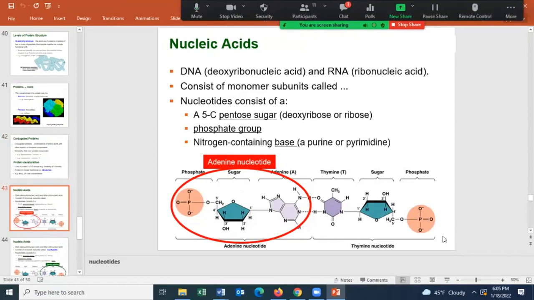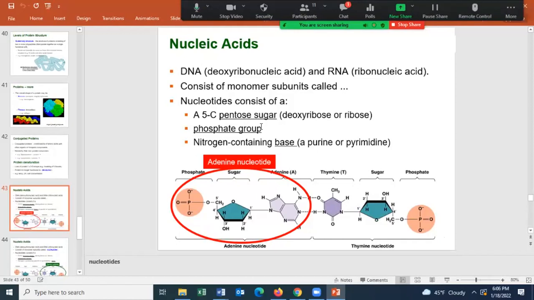Nucleic acid consists of monomers, which are the subunits that we call nucleotides. A nucleotide itself has three parts to the molecule. So nucleic acids are made up of nucleotides, and nucleotides are made up of three parts.